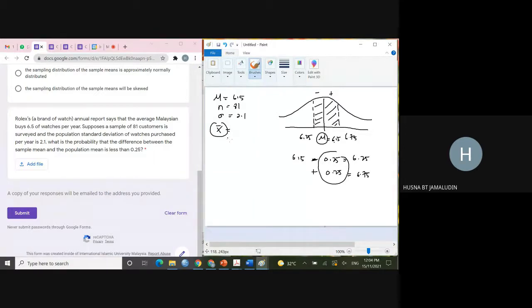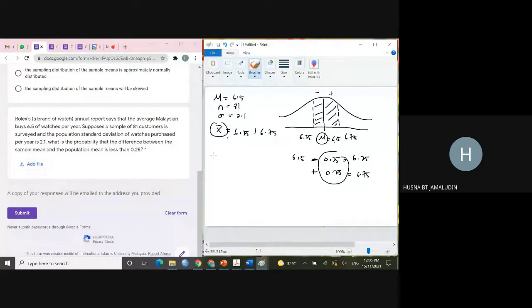So your X bar, your sample mean, will have two values, 6.25 and 6.75. So far so good? Yes. Okay, so you want to find these two areas.